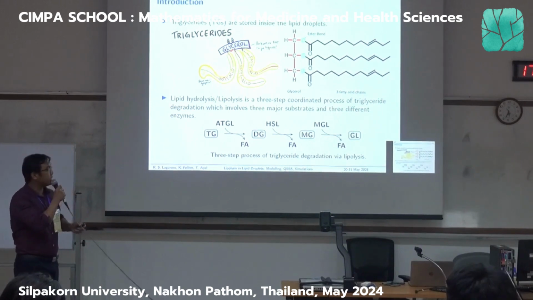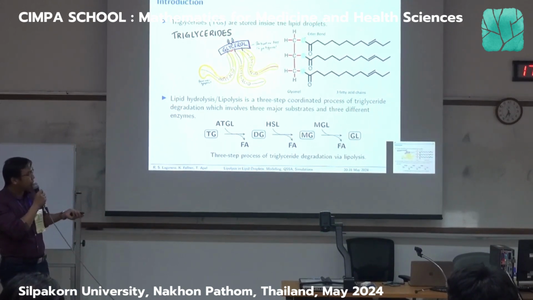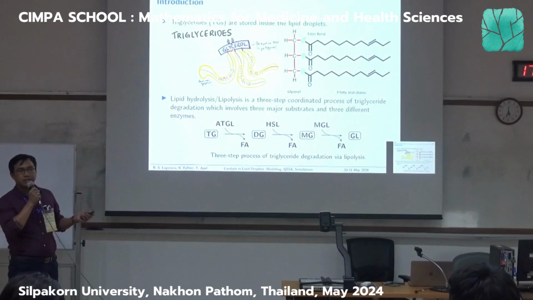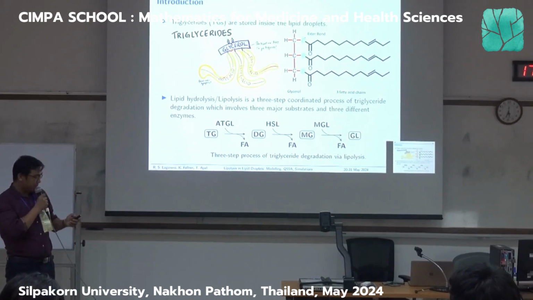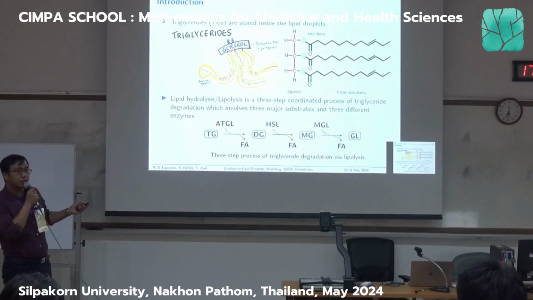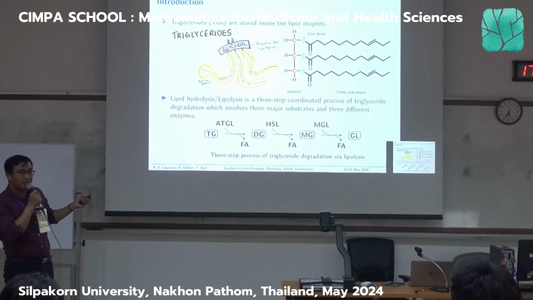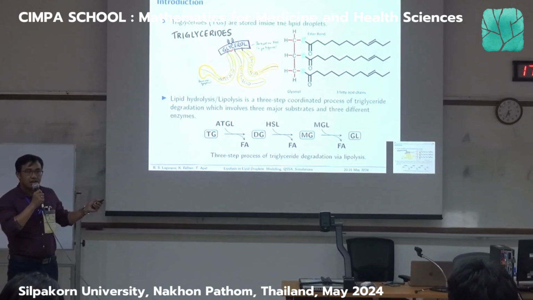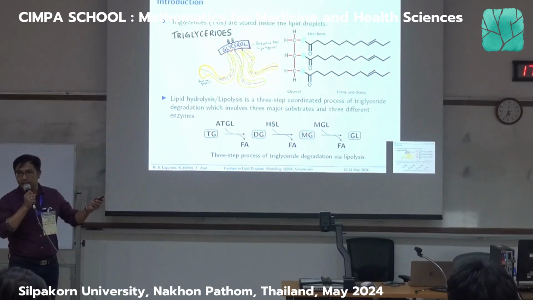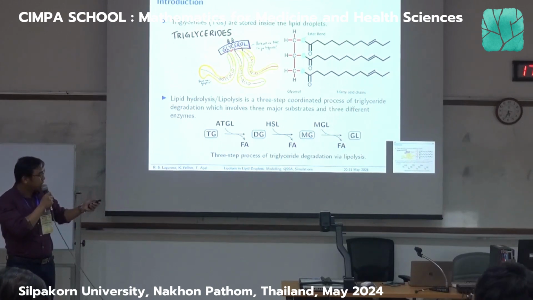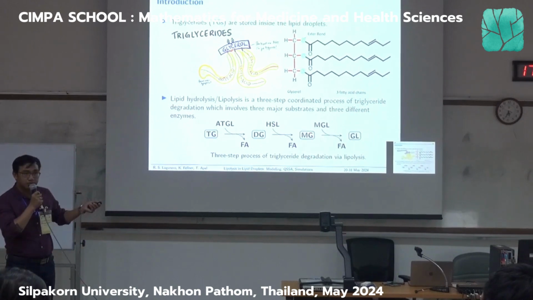This lipolysis is composed of 3 coordinated steps. Simplified, we have a linear process of degrading TG, which denotes triglycerides. DG denotes diglycerides, which are glycerol plus 2 fatty acids. Then you have MGs, which are monoglycerols, glycerol plus 1 fatty acid, and finally the building block glycerol.